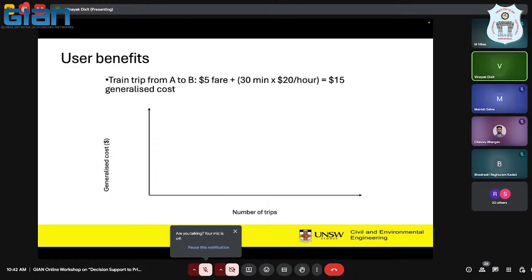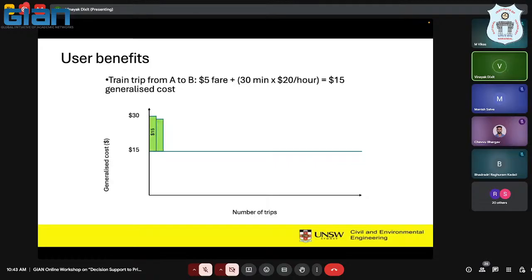So when we are looking at user benefits, the total user benefits, we need to be able to capture the impact it would have on the whole demand. This is telling you that a train trip from A to B on average costs $15, which is the generalized cost: $5 plus 30 minutes multiplied by $20 an hour.